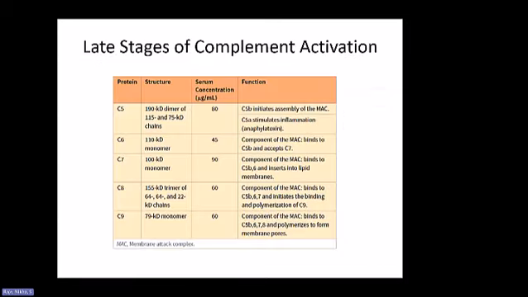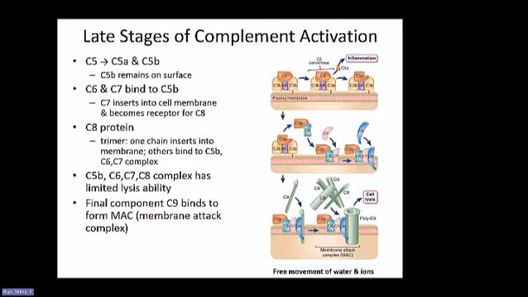All right, so the late stage of complement activation includes these proteins C5, 6, 7, 8, and 9. So let's see what happens there. Now we have any of these pathways, alternative, classical, or MBL. The end result is that there is a C5 convertase that's cleaving C5 to C5A and C5B.